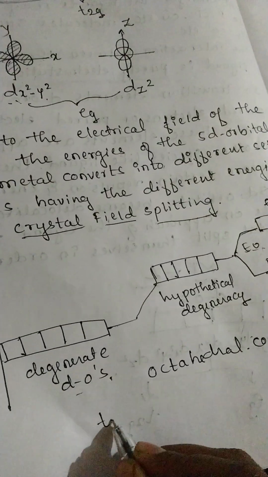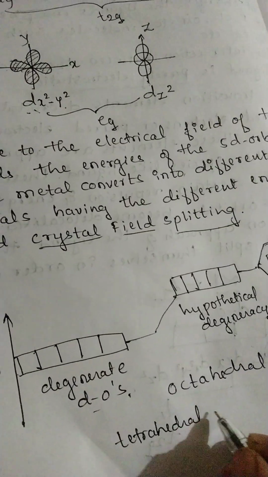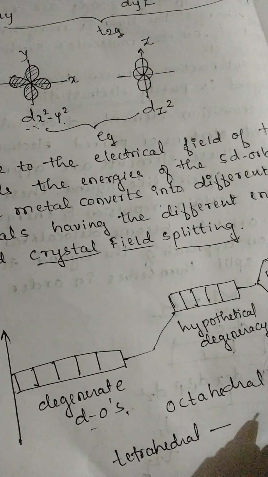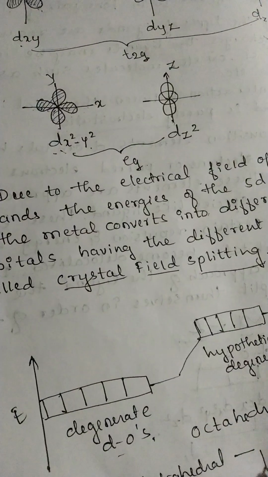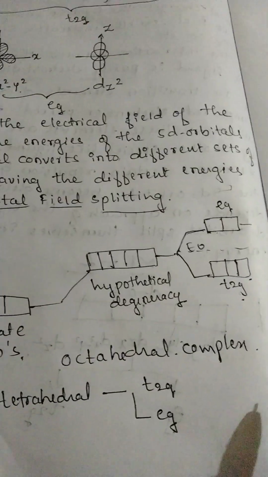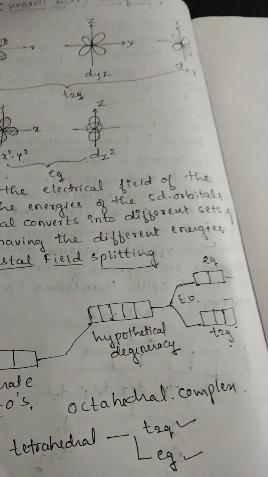In a tetrahedral complex, the splitting will be T2g and Eg, with T2g at higher energy and Eg at lower energy.